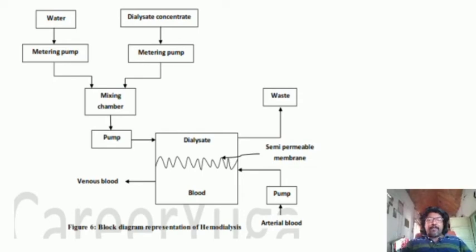Naturally, the working of the dialysate solution is to pull out the waste of your blood. Once the purpose of the dialysate solution is over, that means after one cycle, the dialysate solution should be pumped out. The same dialysate solution will not be used again and again for purification purposes, because the efficiency of the dialysate solution will be lost in the first cycle itself.